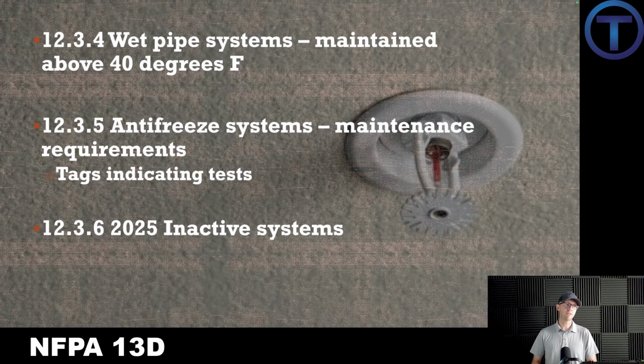There are certain requirements for that. They have to be periodically tested to ensure that the antifreeze is still a good mix. If the antifreeze isn't good, then it has to be replaced. So periodic testing of the antifreeze itself is required with tags indicating when those tests took place. And finally, 12.3.6, the 2025 goes over some inactive system options.